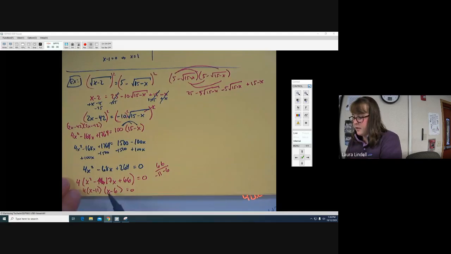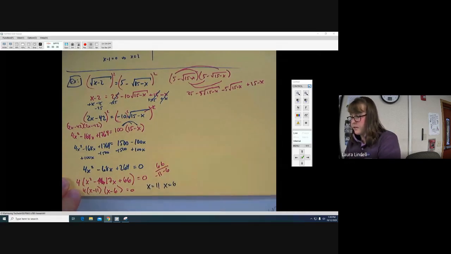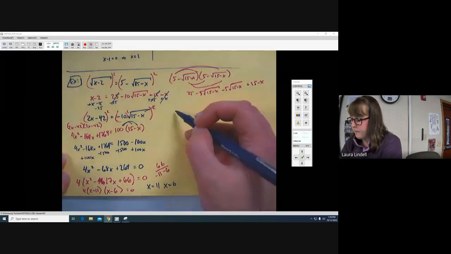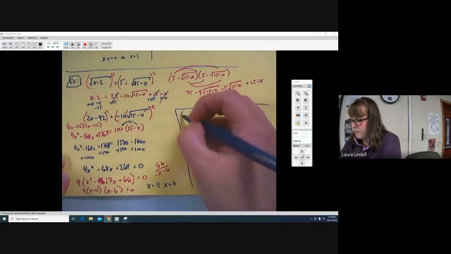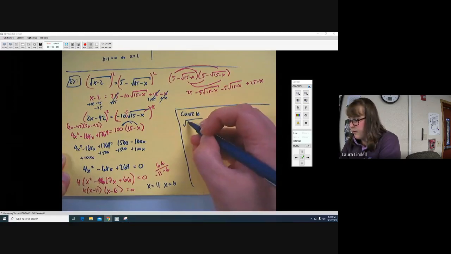So then setting each of these equal to 0, we would get x equals 11 and x equals 6. And then I would want to go back and plug those into the beginning to check them. So we would go square root of 11 minus 2.